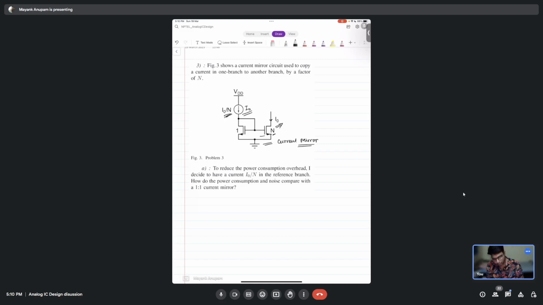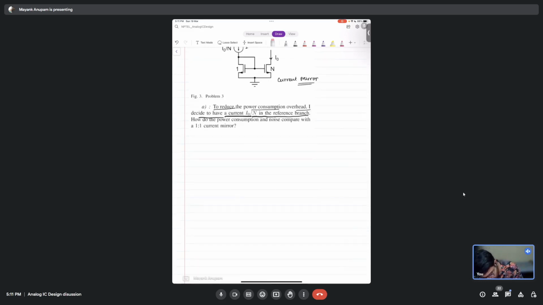So the question is to reduce the power consumption overhead, basically total power consumption, I decide to have a current I naught by n in the reference branch. Instead of I naught, we use I naught by n in the current branch. Now, how do the power consumption and noise compare with the 1:1 current mirror? So let's do this. Take two, basically we have two cases.